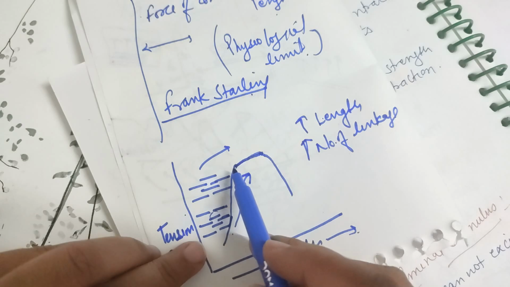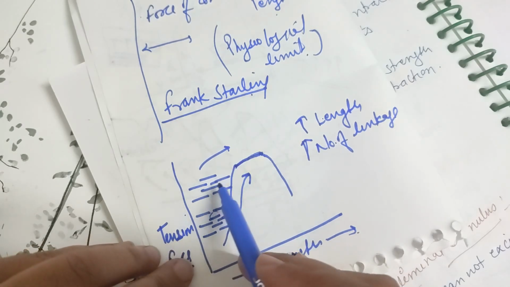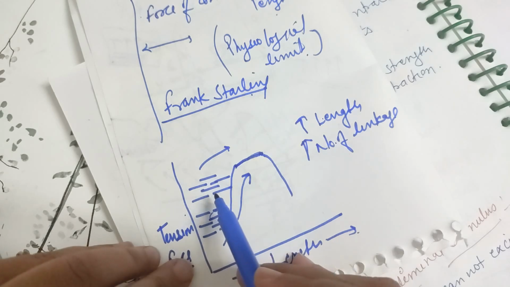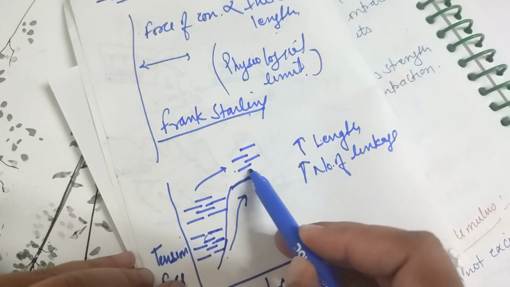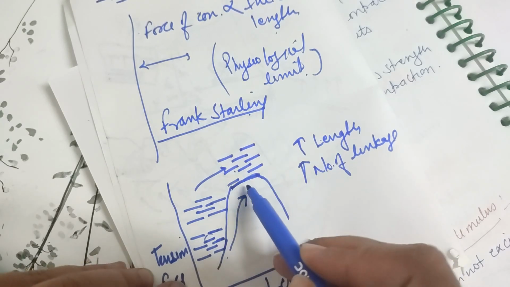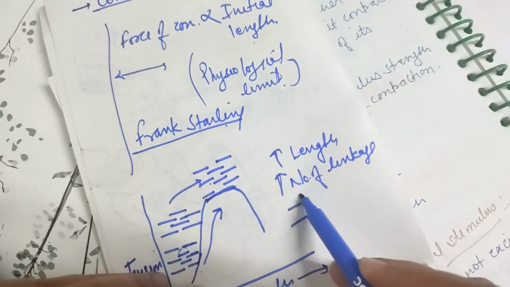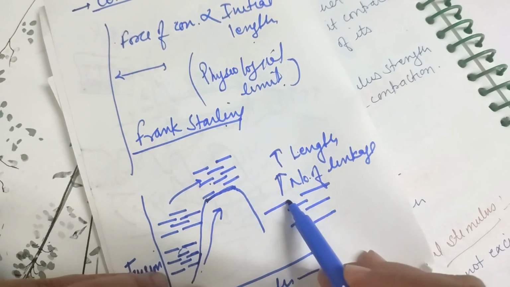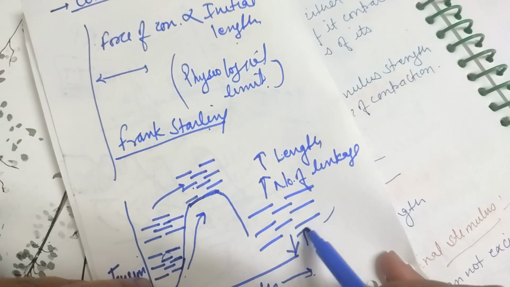Previously they were overlapping, and when we stretch this muscle, the number of linkages became more, right? At this point the number of linkages was maximal, and that's why we have maximum tension. And when we stretch further, they obviously will be pulled apart, and that's why the number of linkages was least, and that's why there is a decrease in tension.